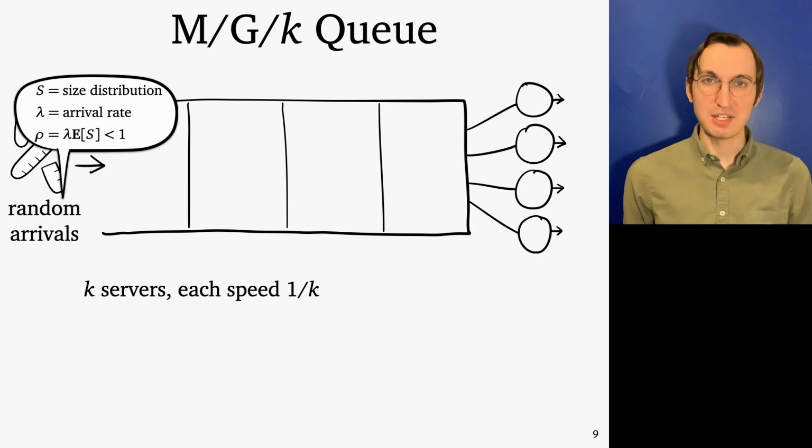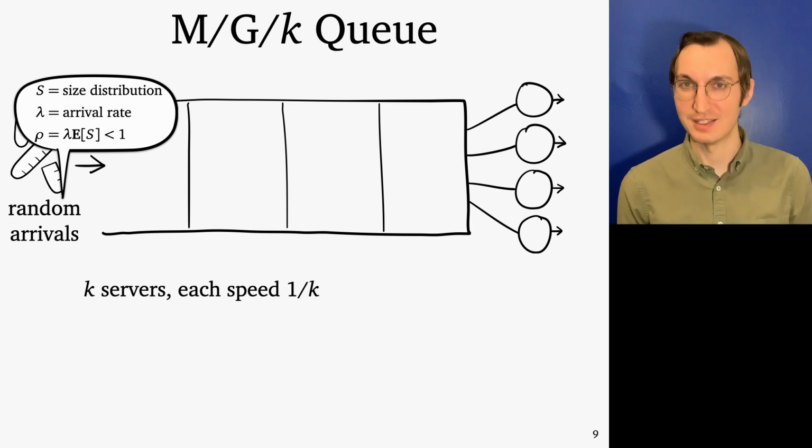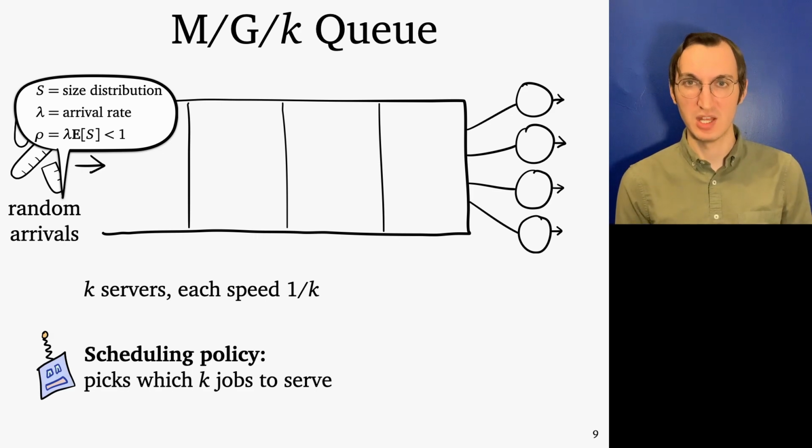The M/G/k you can think of as really a restricted version of the M/G/1, right? Because now the scheduling policy can't use all of the service power on one job. It has to split it between k different jobs. And if there are fewer than k jobs, the scheduling policy has to leave some servers idle. So the M/G/k is a more restricted setting than the M/G/1.